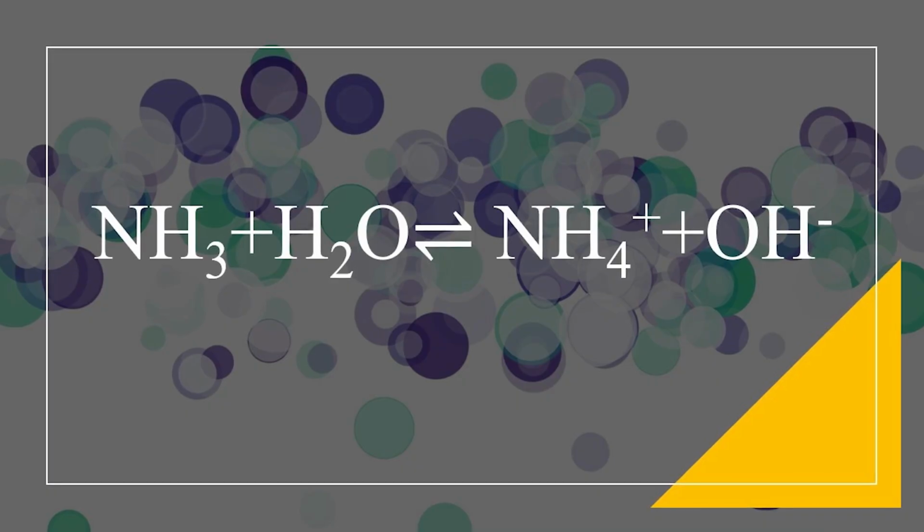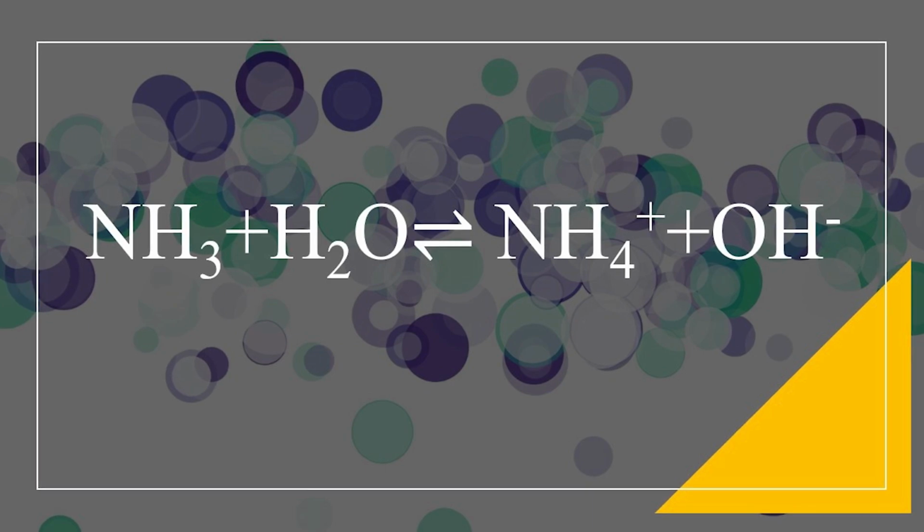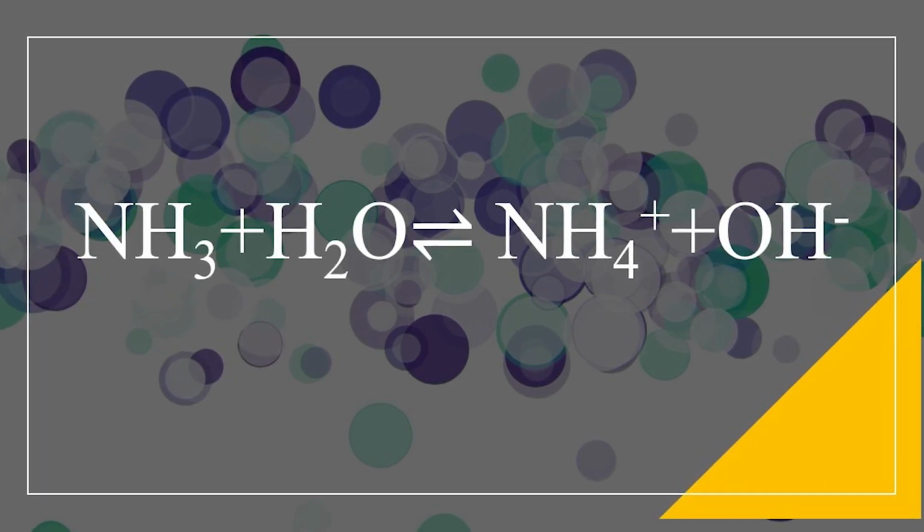So now we can write the equation that explains the basic nature of ammonia. Ammonia is represented as NH3, and the equation is NH3 in aqueous solution plus H2O liquid gives NH4 plus OH minus. You can see the slide.